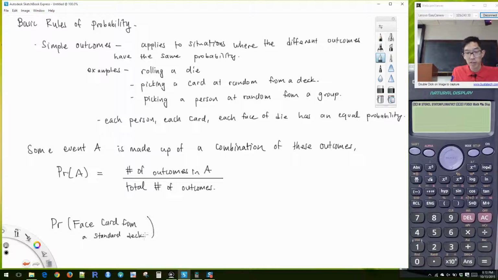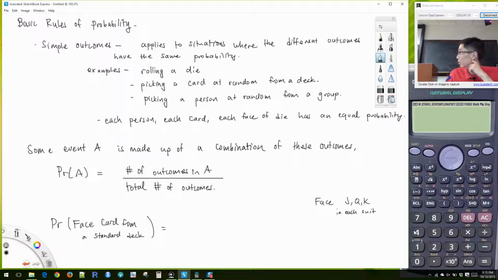The face cards would be Jack, Queen, and King in each suit. Ace is not a face card. There's no face on an ace. It's a high value card. You need it in poker, but it's not a face card.